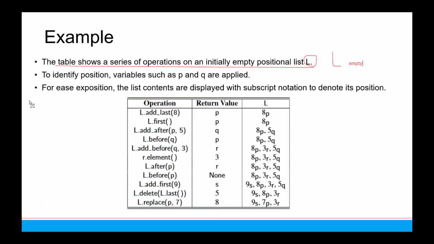And then, to identify positions, variables such as P, Q are applied. So in this example, we will have P, then Q, then R, then S, then T, and U, and so on. We will use P, Q, R, S, not A, B, C, to make it easy.